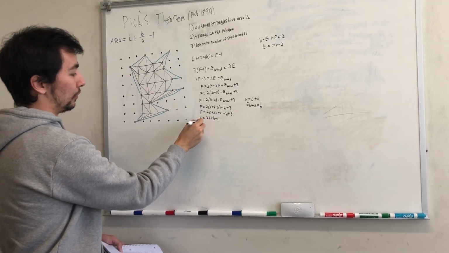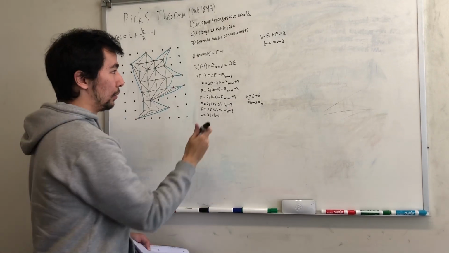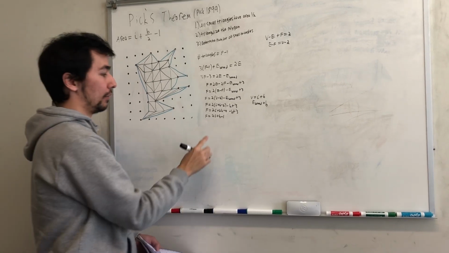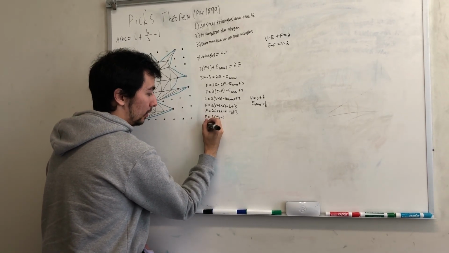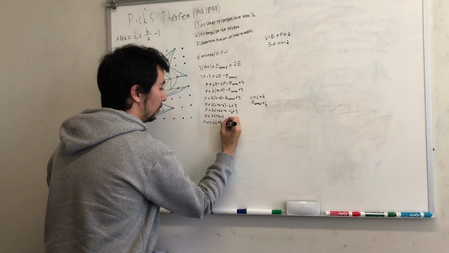So we have the formula for the number of faces, which is helpful, but we want the number of triangles, because each triangle has an area of 1/2. So we're going to subtract 1 from both sides to get that. So we have f minus 1 equals 2i plus b minus 2.